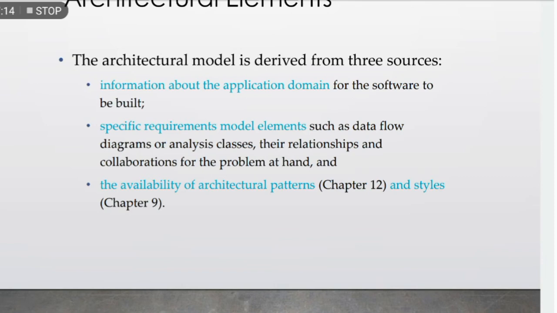For example, if it is a web-based application, then whatever project you implement, you need to have access for multiple users who are going to use your web application created by you. The second source is specific requirements model elements such as data flow diagrams or analysis classes, their relationships and collaboration for the problem at hand, and the availability of architecture patterns and styles. We will see these in the next lecture.